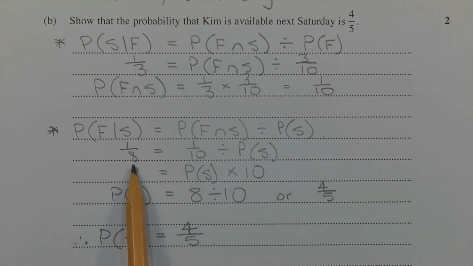So 1/8 is equal to 1/10 divided by P of S. Taking the reciprocal of both sides, we get 8 is equal to P of S times 10. And then making P of S the subject, we get P of S is equal to 8 divided by 10, or 4/5. Therefore, the probability of availability on Saturday is 4/5 as required.